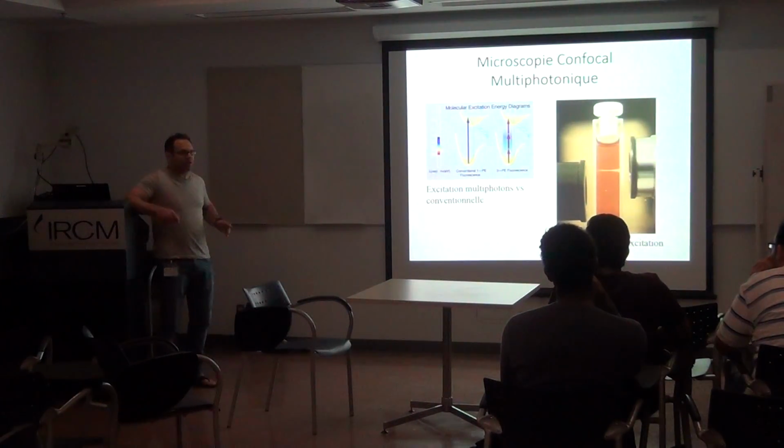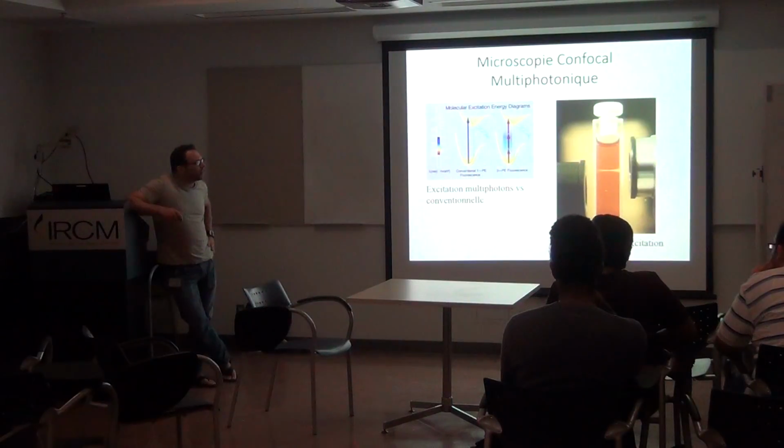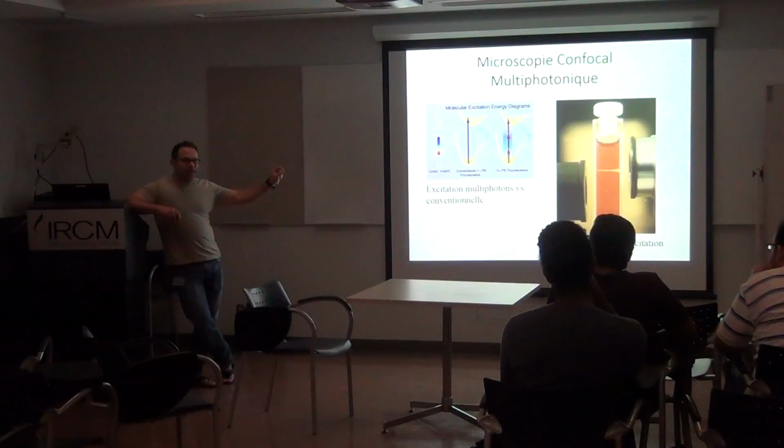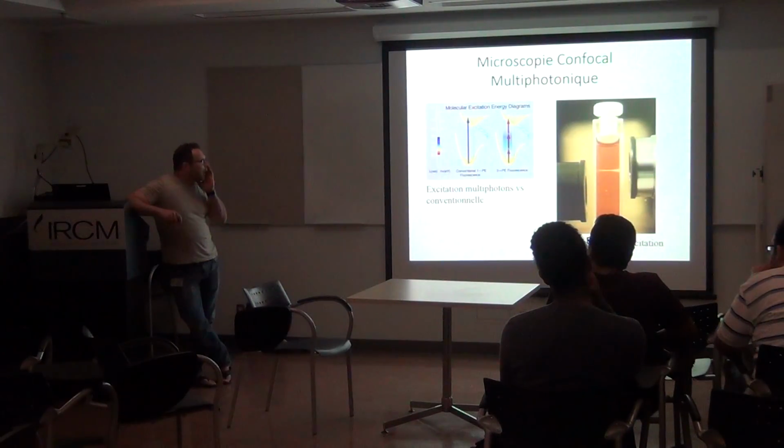Even for a pulsed laser, I think the pulse is in the terawatt. So you have many millions of watts occurring there at the precise time. Okay? So it's only with a pulsed laser that you can achieve that.